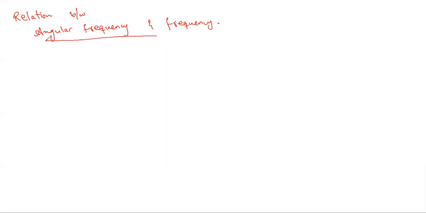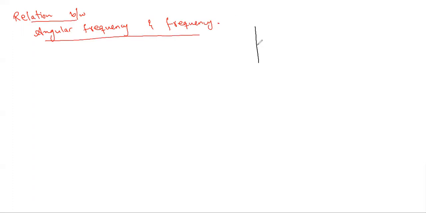Similarly, we can also define the relationship between angular frequency and frequency. Although we did almost the same calculation in chapter number 15, let's do it again for the sake of completeness. So, the relation between angular frequency and frequency.